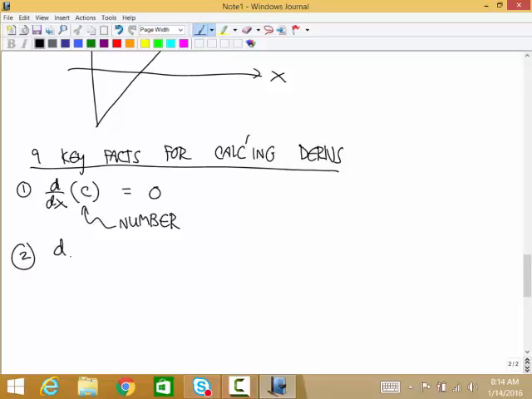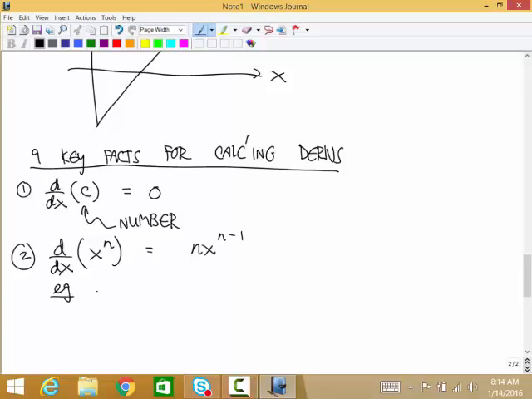Second, if you have x to the n, so d dx of x to the n is equal to n x to the n minus 1.